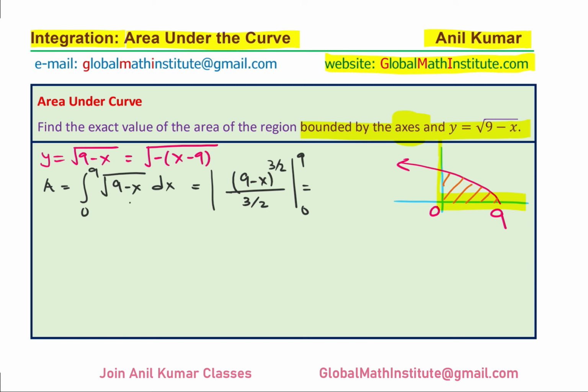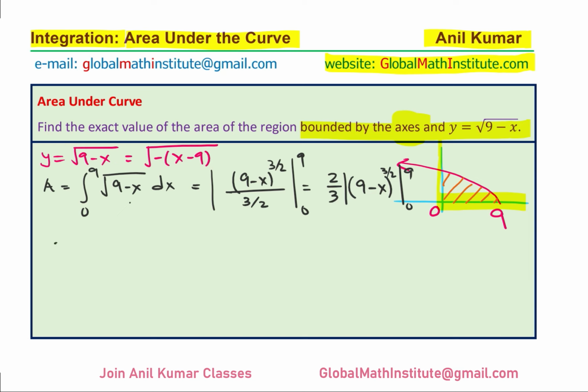And that can be written as 2 by 3, which is a constant, so I'm taking this out. And we have 9 minus x to the power of 3 by 2, from 0 to 9.